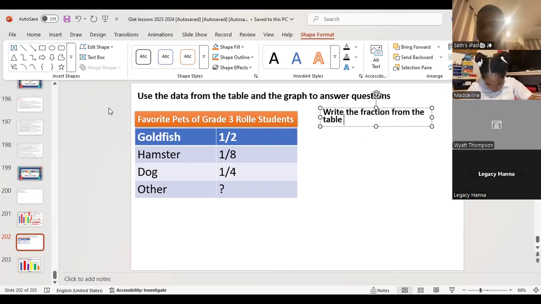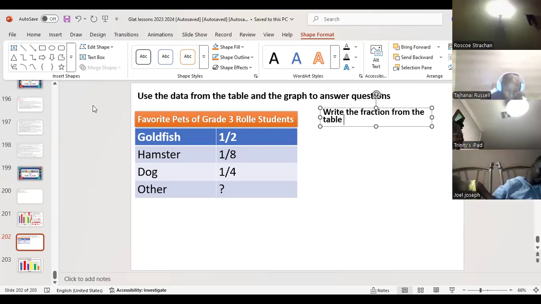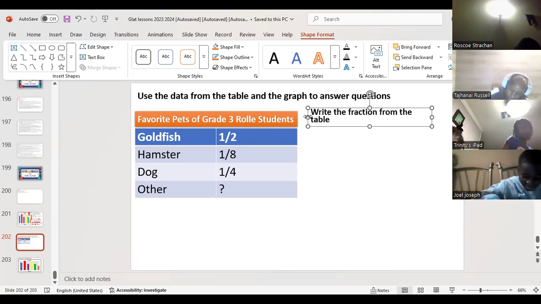Rocco and Adaya, are y'all finished with the first one? Roscoe? Roscoe, where are you? Almost. You have to hurry up. You can't take too long on that. Excuse me, Mr. Petit. 1 second. Adaya? I'm helping my daddy with something. Adaya, you have to be in class.